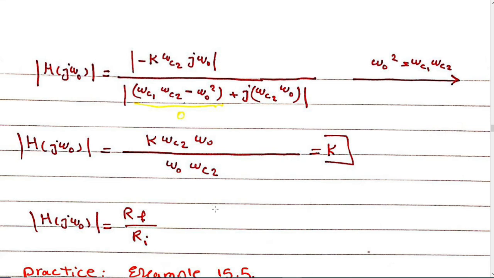And this is the proof. Why is omega C1 multiplied by omega C2 minus omega naught square, which is the center frequency square, 0? Because omega C1 multiplied by omega C2 is omega naught square. Or the center frequency is the square root of omega C1 multiplied by omega C2. Is that clear? Yes?